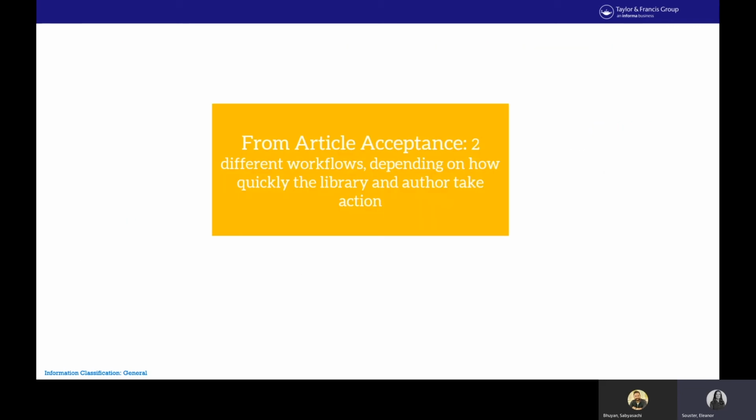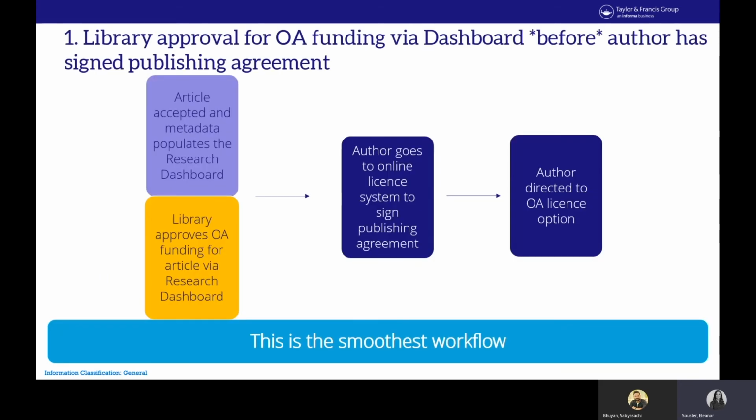There are two different workflows for the open access article, depending on how quickly the library and the author take action. I'm going to talk you through both of them in a step-by-step manner now. The first workflow, which is the smoothest workflow, is the library approving the article for open access funding via the research dashboard before the author has signed the publishing agreement. You can see there in the purple on the left-hand side that the article is accepted and the metadata populates the dashboard.